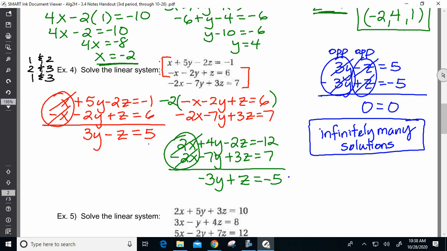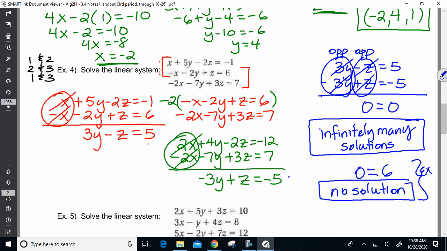So 0 equals 0 is the most common way that it's going to show up. So if you have 0 equals 6, then that's no solution. That would be an example of no solution: everything dropping out, but both sides don't match. No problem.